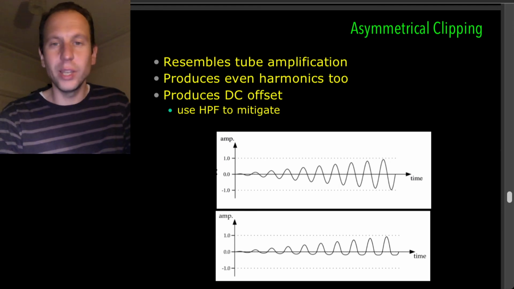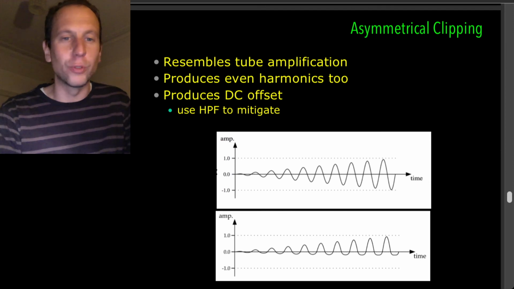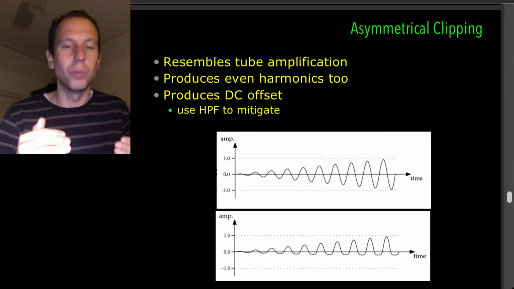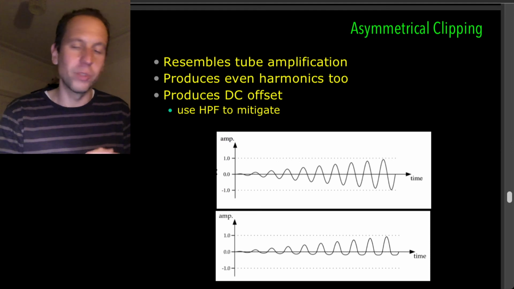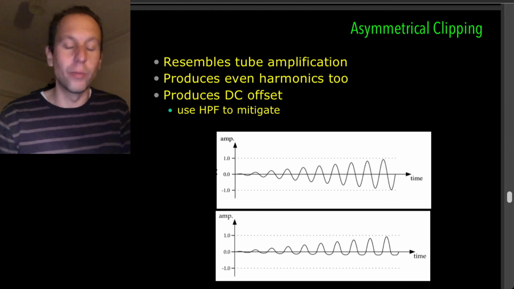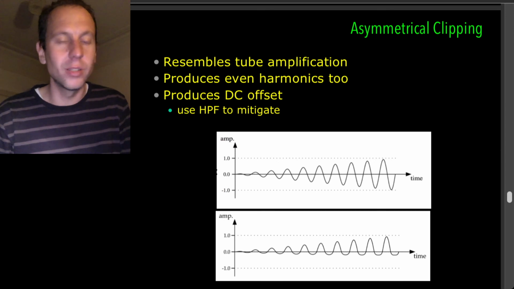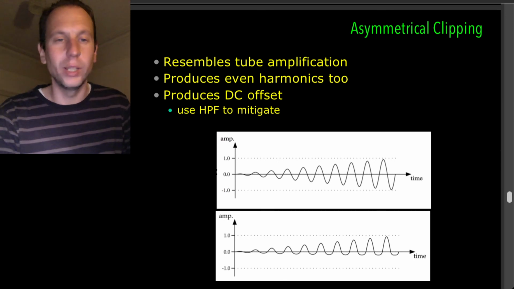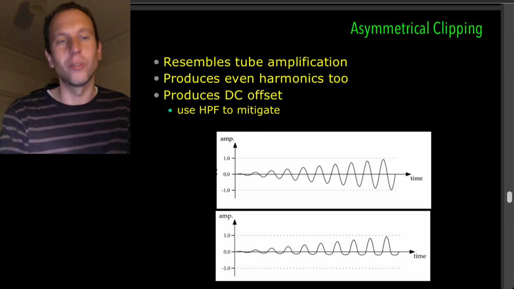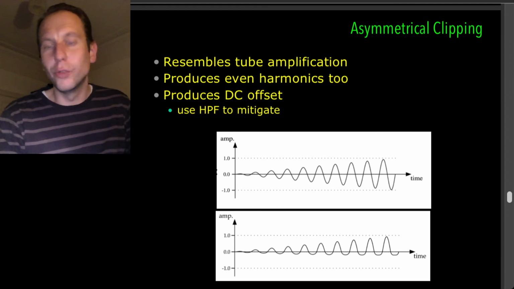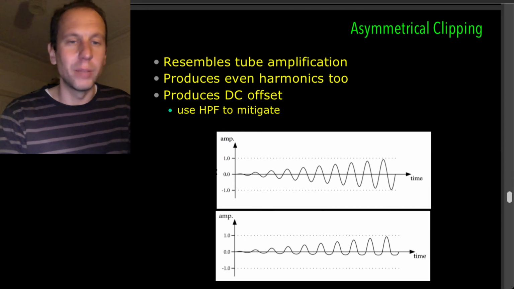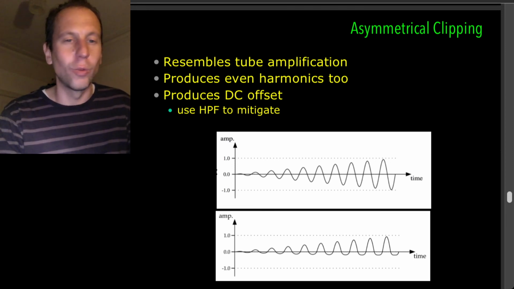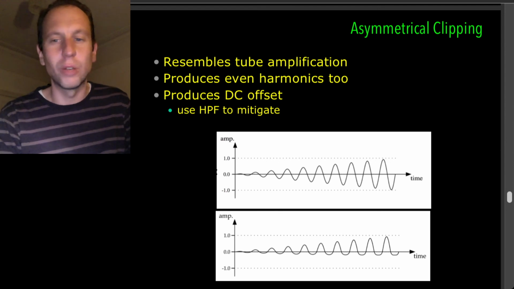The worrying thing is that if you do this, you might produce DC offset. So the average value of the signal will be pushed away from zero, which could be harmful to different devices. And this is typically something that you can tackle quite easily with the high-pass filter at a very low frequency. By the way, if you do any kind of audio design production, a high-pass filter at 20-30 Hertz is always very recommended.